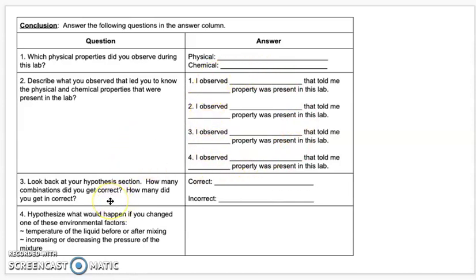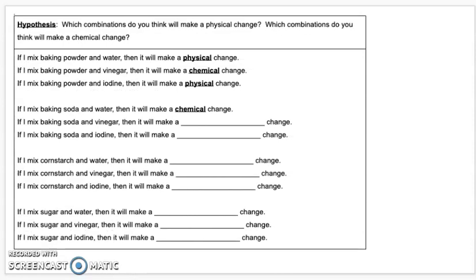Then you're going to look back at your hypothesis section and you're going to tell me of the 12 combinations, how many did you get correct? Did you get incorrect? That should not have a space there. So it's just a number. So maybe I look back at this on the front side and I noticed I said baking powder and water is going to make a physical change.